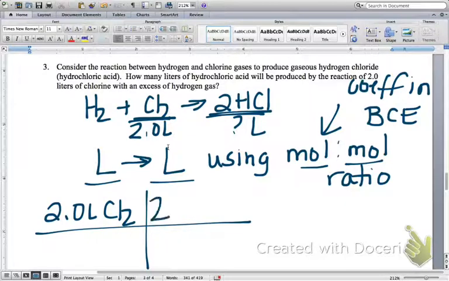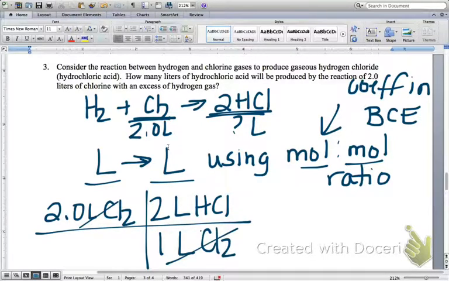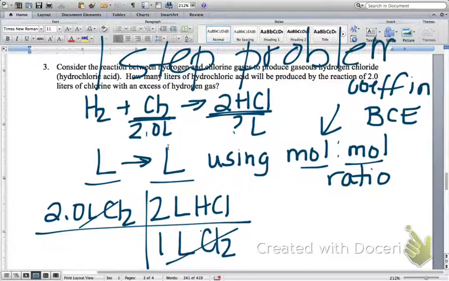We produce 2 liters of HCl for every 1 liter of Cl2, just like that. So literally, the problem simplifies to 1 step. So it is now simply a 1-step problem. Volume to volume can just be a 1-step problem instead of a 3-step problem.